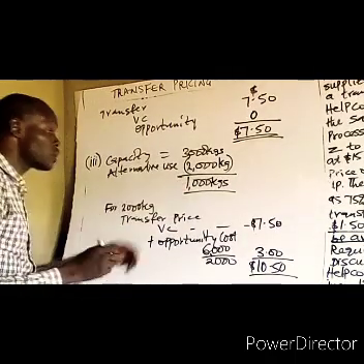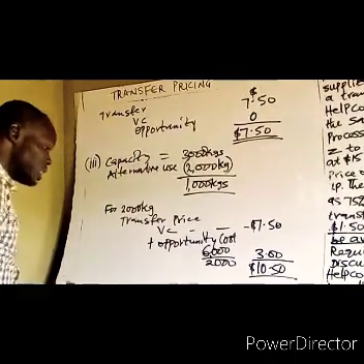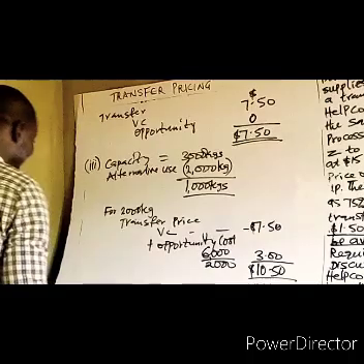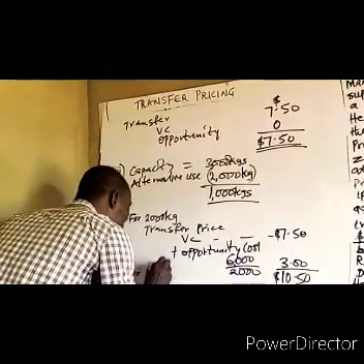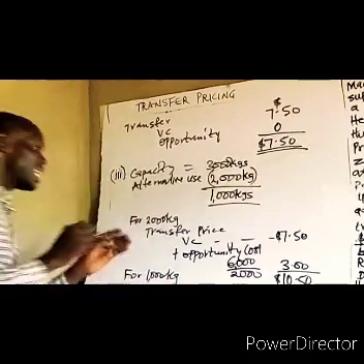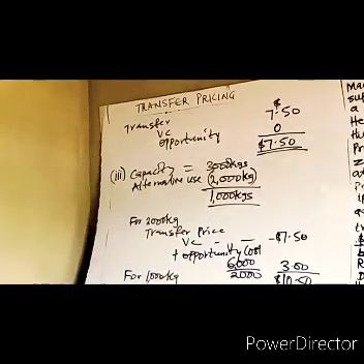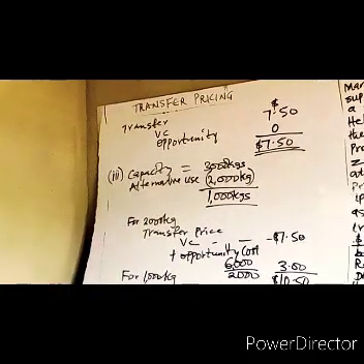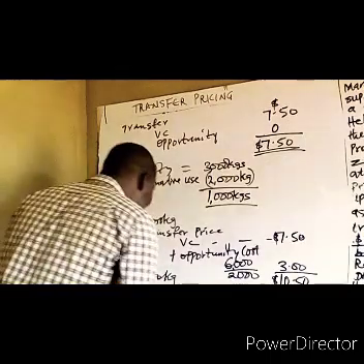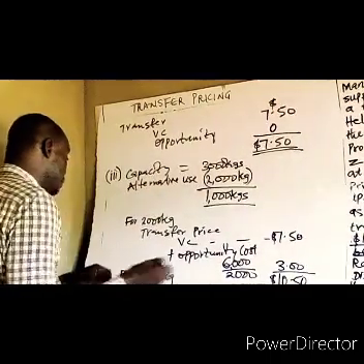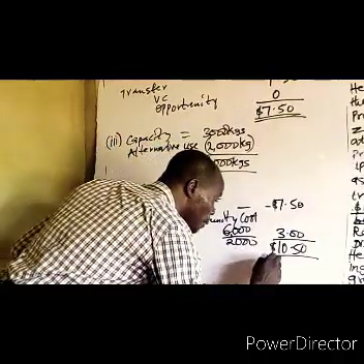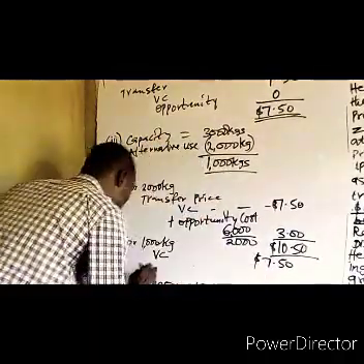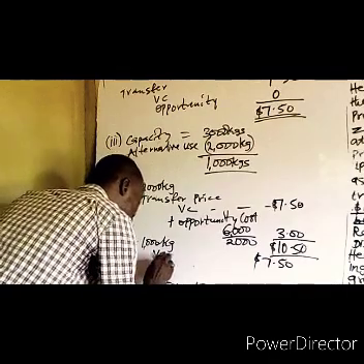Then the remaining 1,000 kgs, you were told that no external market exists for the product. There is no external demand. So since there is no external demand, the transfer price will be the variable cost of production, which is $7.50, plus the opportunity cost of making the transfer.